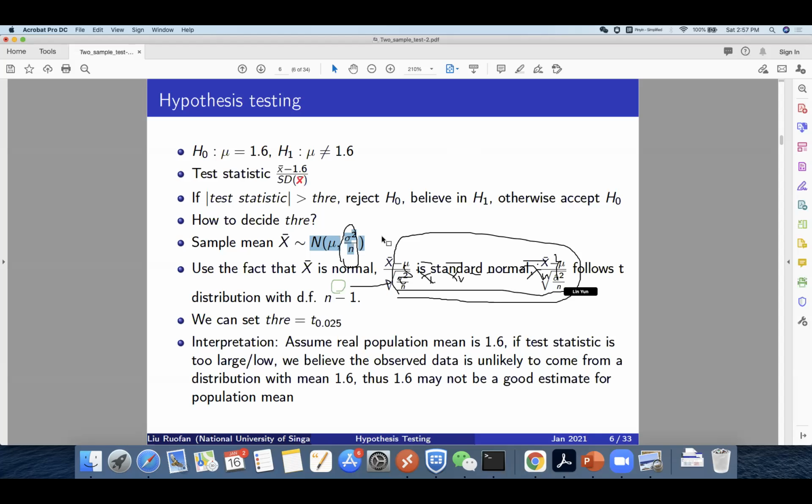We just need to estimate the standard deviation of X bar. Have I made myself understood? So this slide is trying to estimate the standard deviation of X bar. We do not need to repetitively sample X bar. We just need to have sampled once.